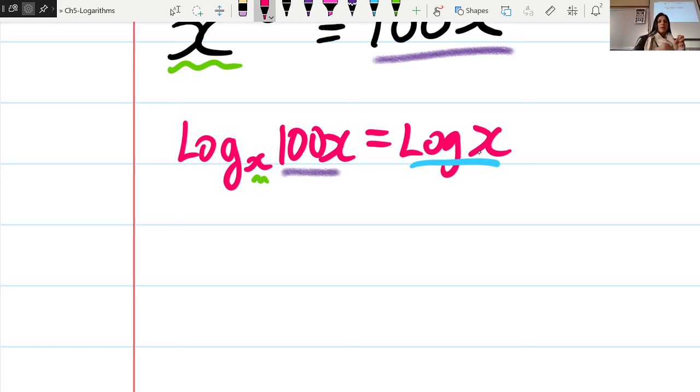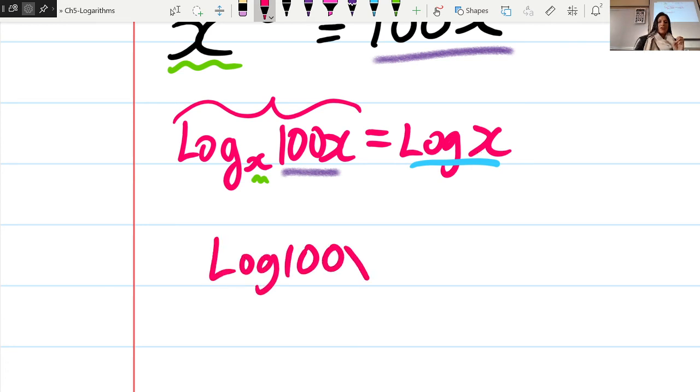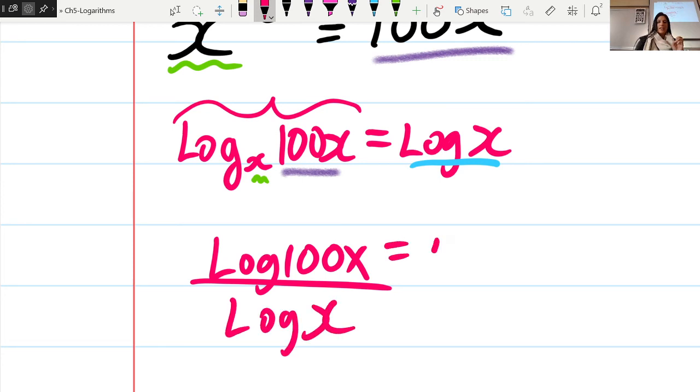So how am I able to rewrite this part? Everin? Log 100x over log x. Everybody agree that that's allowed? And see which rule that comes from?